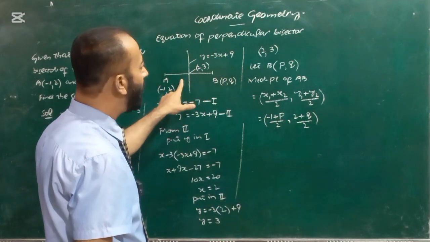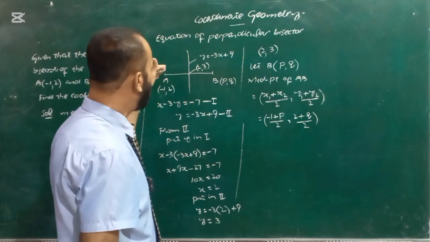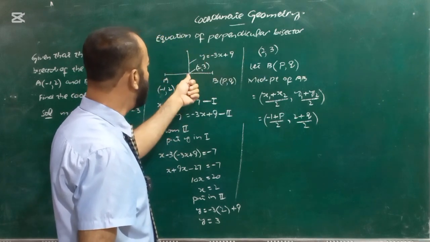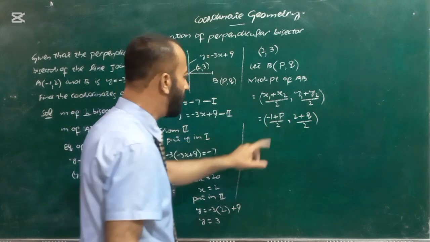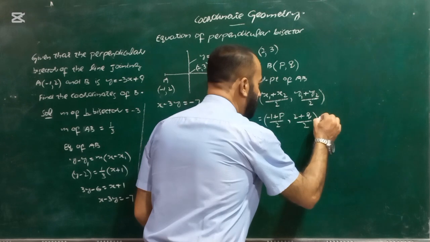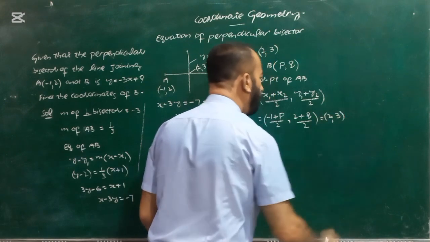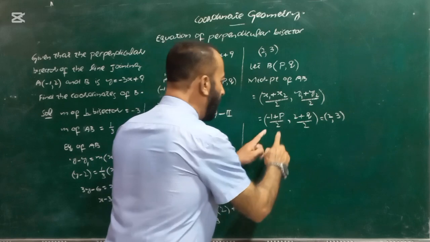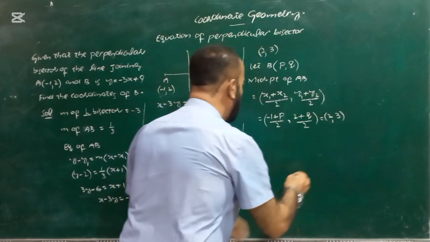But we can also find the midpoint from the point of intersection of these two lines, because this is also the midpoint. So this point (2, 3) will be equal to this one. The x coordinate will be equal to the x coordinate and the y coordinate to the y coordinate.